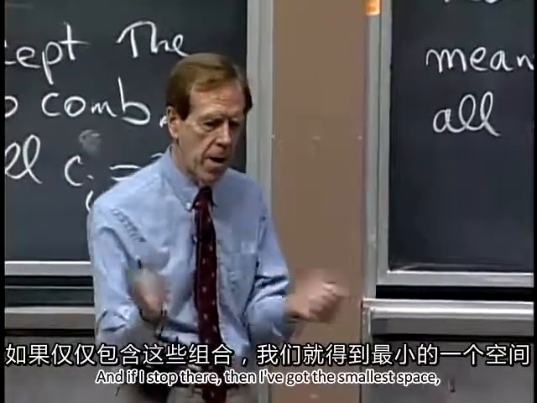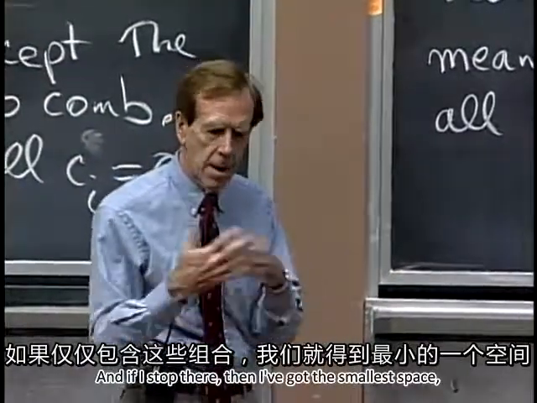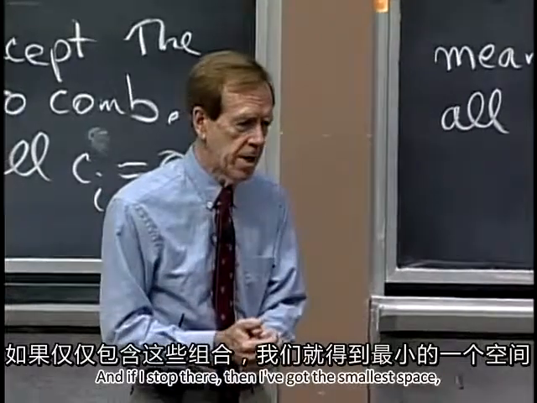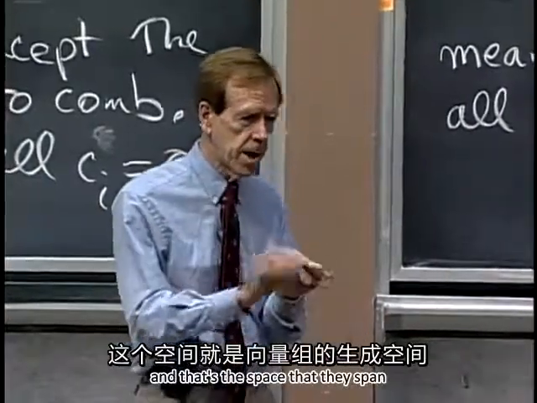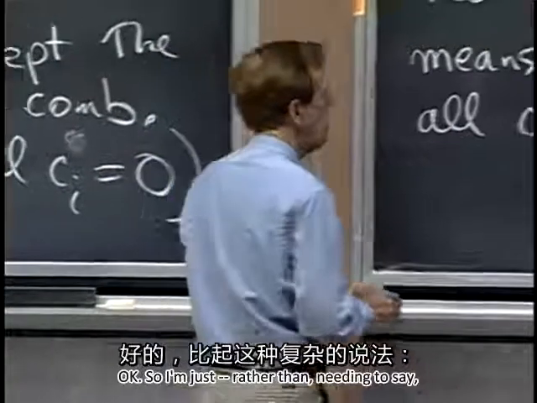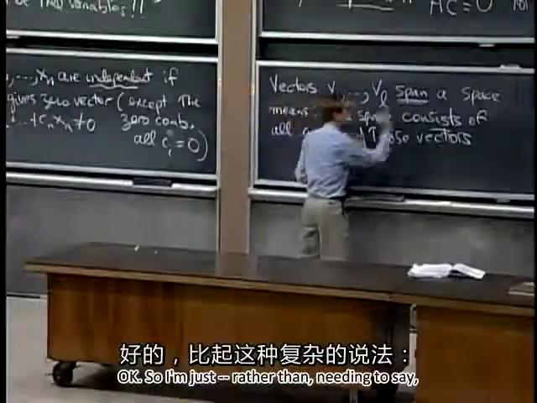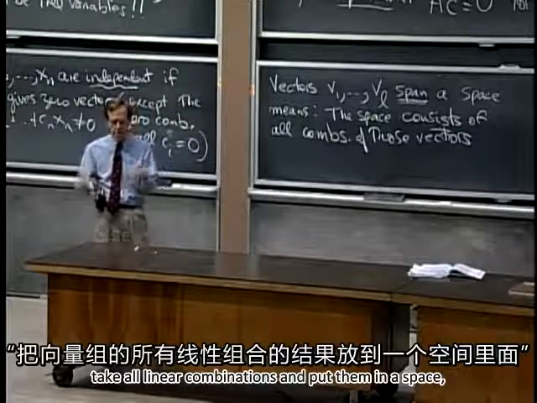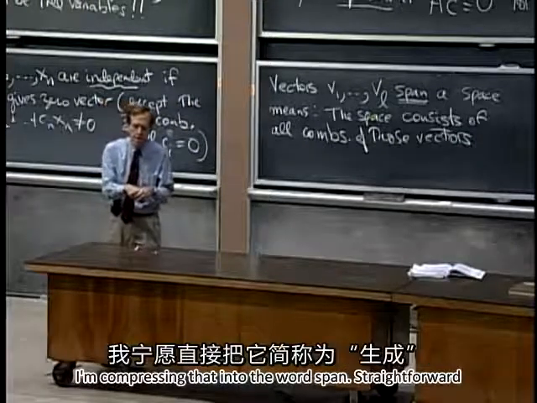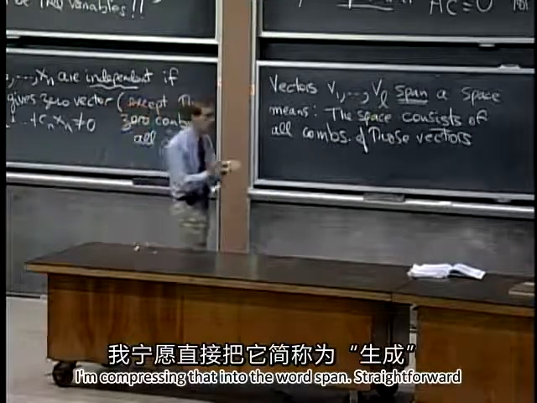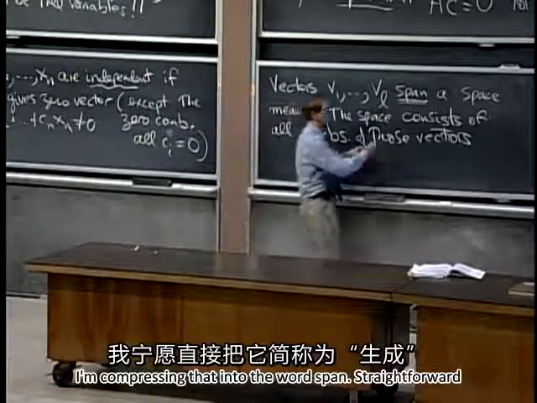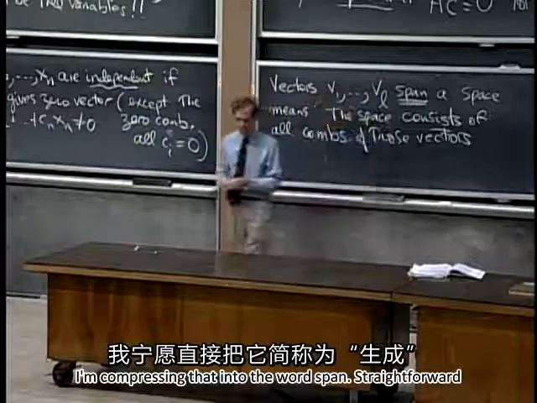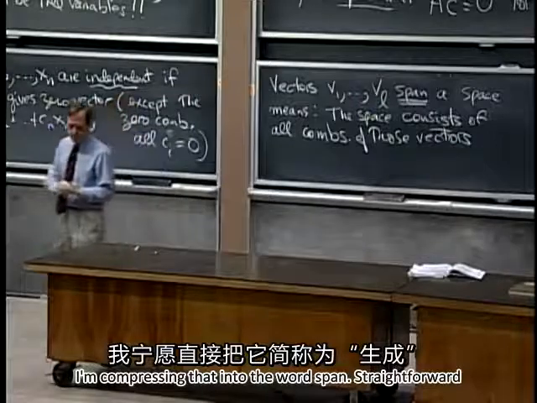And if I stop there, then I've got the smallest space, and that's the space that they span. Okay, so rather than needing to say take all linear combinations and put them in a space, I'm compressing that into the word span. Straightforward.